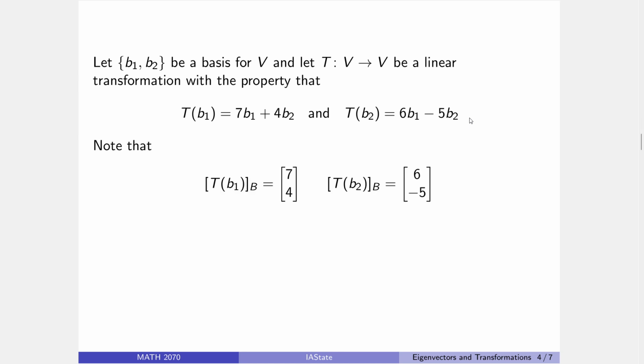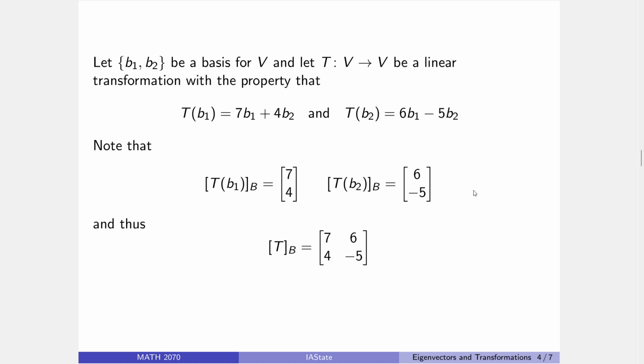Note the coordinate vector for TB1 is simply 7, 4, because those are the scalars associated with my basis B1, B2. Likewise, the coordinate vector for TB2 is 6, negative 5. And so the matrix for T with respect to B is just these as its columns. Nice and easy.